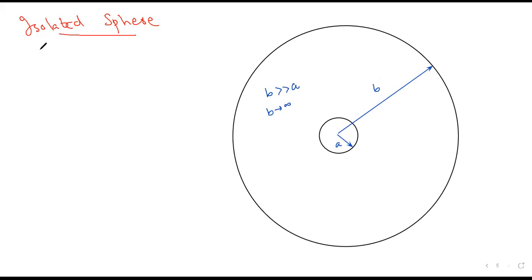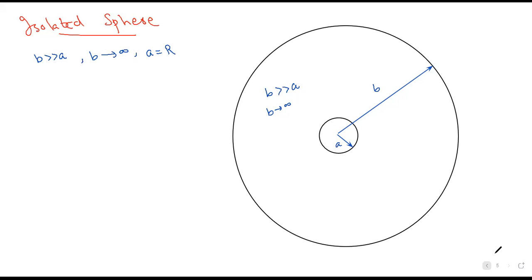So basically, in an isolated sphere, we assume that B is very, very much greater than A. So B approaches infinity, and let me call this A just the radius of the sphere. So it will just be a sphere rather than an isolated sphere. So basically we are assuming that the inner surface of the capacitor will just be like a sphere. So that's why I'm calling this just capital A, this is notation, nothing else.